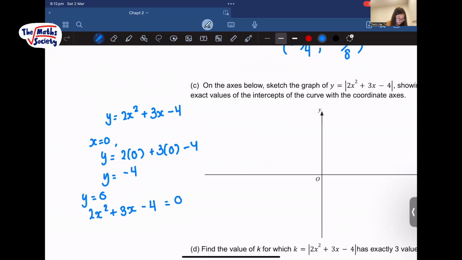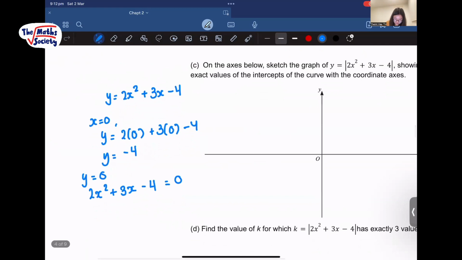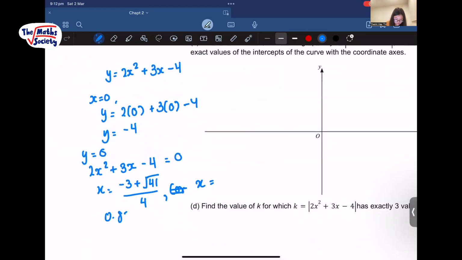So we'll just put it in the calculator, 2, 3, and then minus 4, and you'll get x equal to (minus 3 plus root 41) by 4, which is 0.85, and then x equal to (minus 3 minus root 41) by 4, which is minus 2.35.